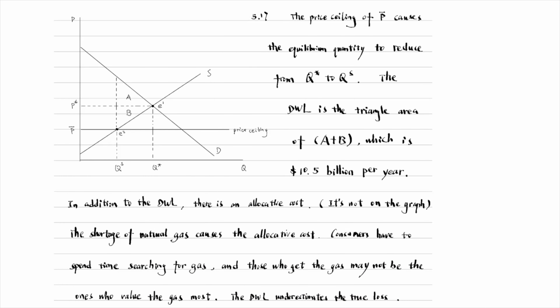The estimate of the allocative cost is $3.6 billion according to the textbook. Therefore, the total loss is $14.1 billion per year. The deadweight loss underestimates the true loss of the price ceiling policy.